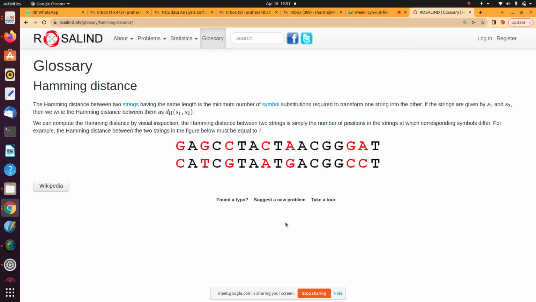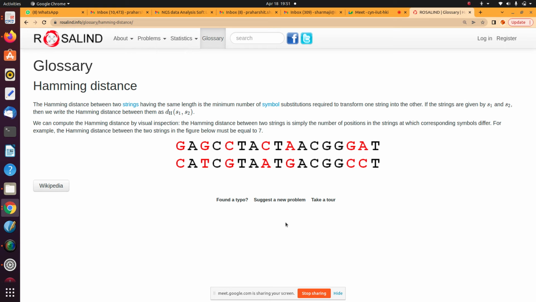We can compute the Hamming distance by visual inspection. The Hamming distance between two strings is simply the number of positions at which corresponding symbols differ. For example, the Hamming distance between the two strings in the figure below must be equal to 7.